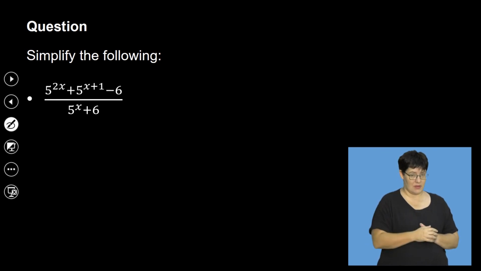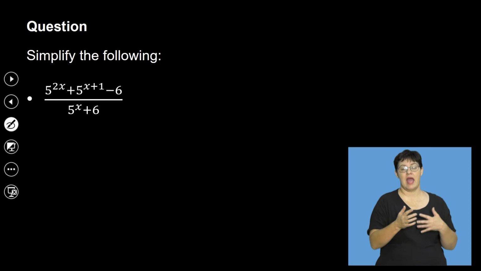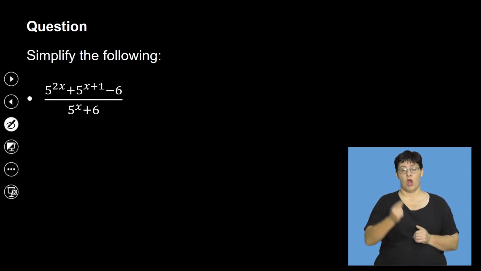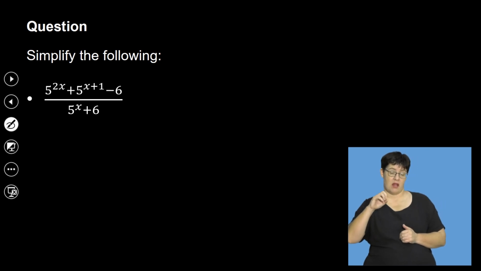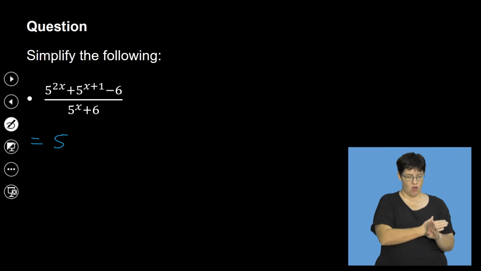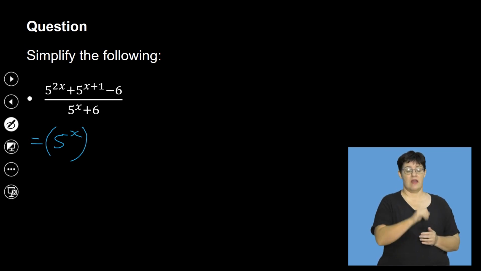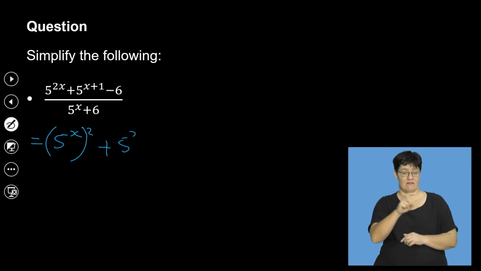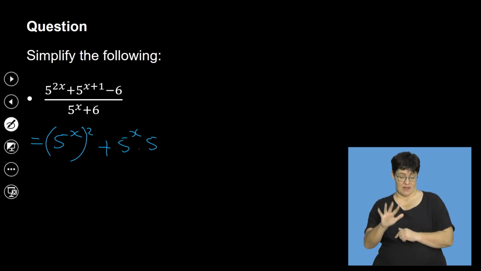Now, the interesting one will therefore be this one, where now we are dealing with the concept of a quadratic trinomial, right? So this will be the same as, I'm just going to simplify it for you quickly before we can simplify it, squared, and then plus 5 to the exponent of x times 5, right?